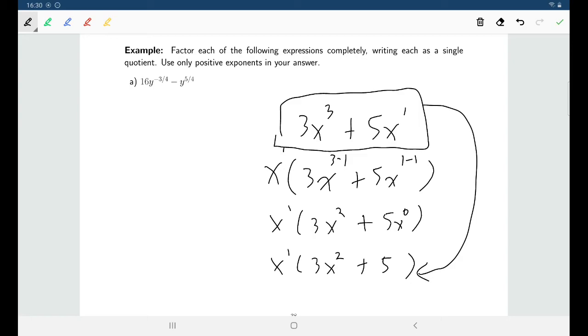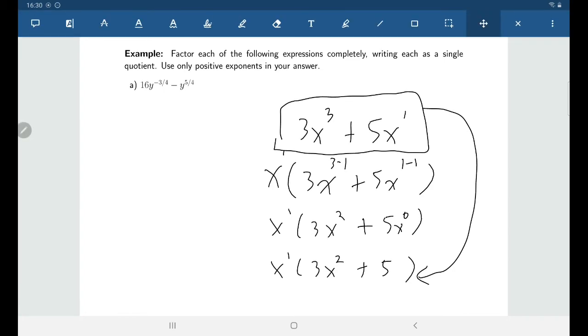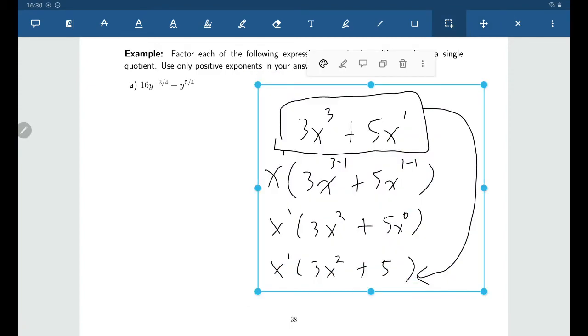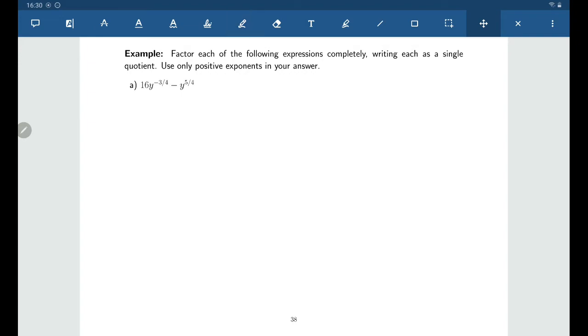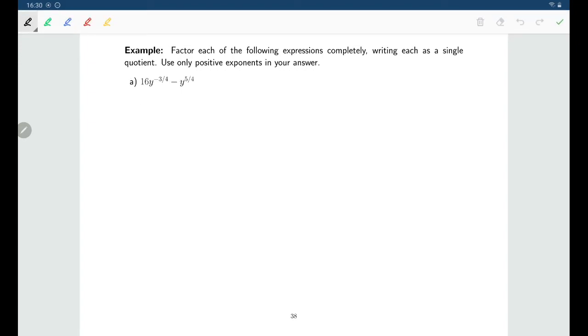Now, we're going to apply that same idea here, which is that when I'm factoring, I'm going to take out the smallest power, and I'll figure out what's left over by subtracting. So in this case, if we're looking at what's in common for both, they both have y's involved, but I'll take out the smallest power of y, which would be the y to the negative 3/4.